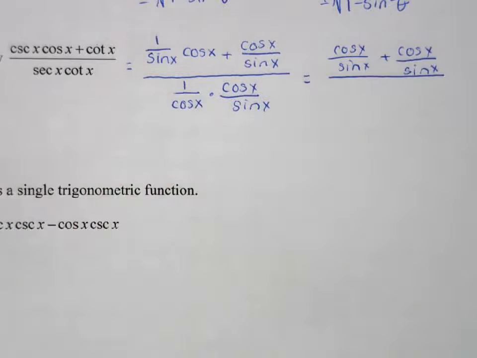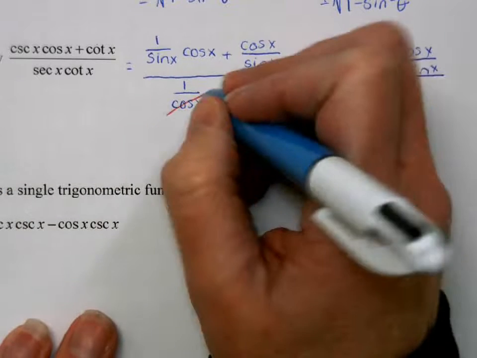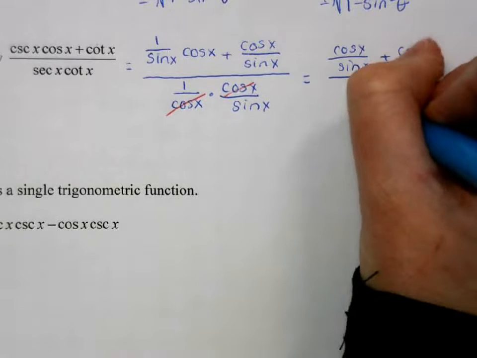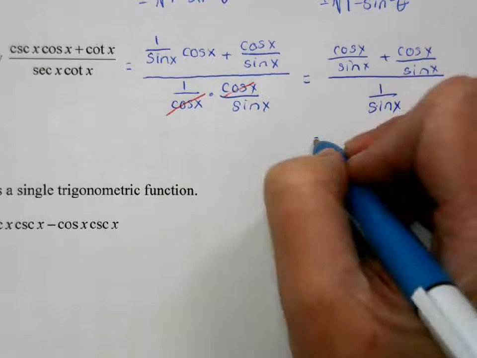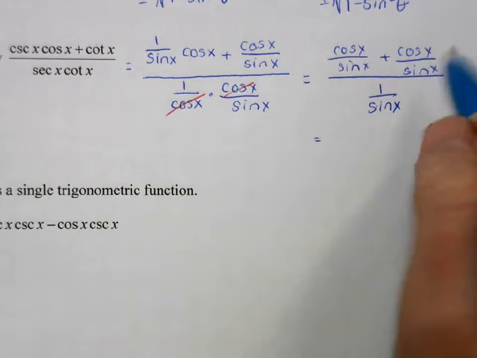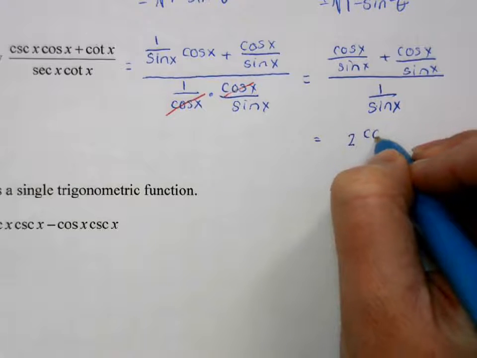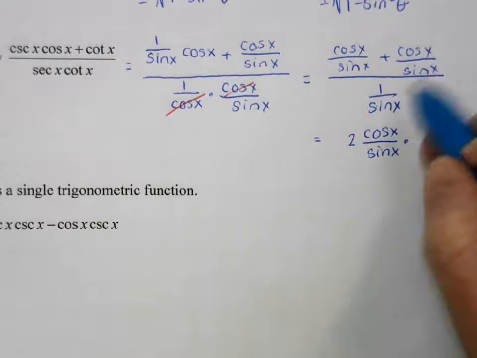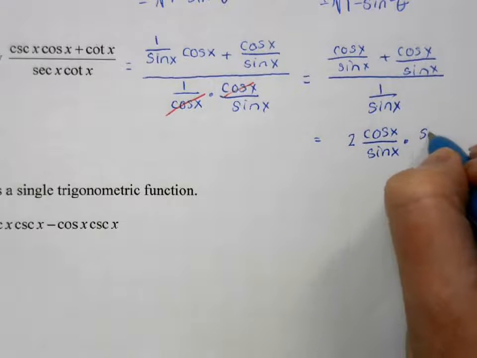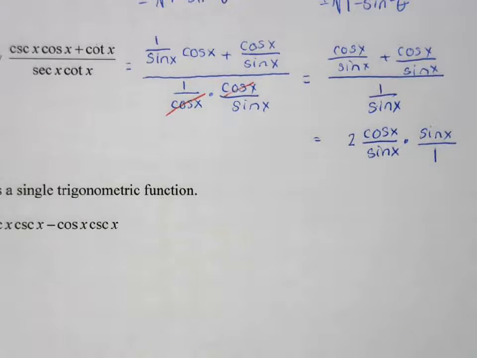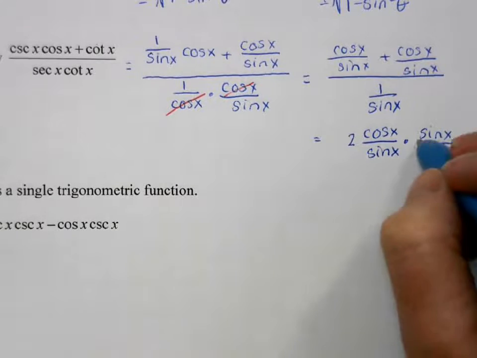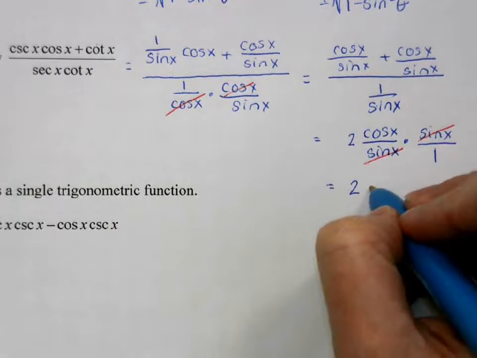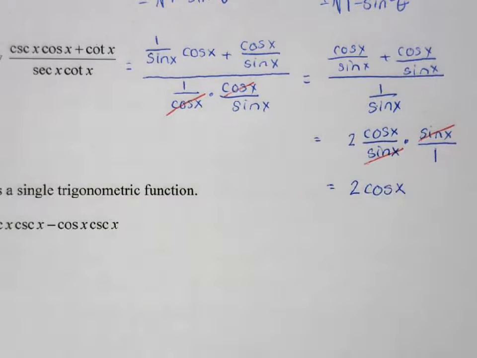In the denominator, the cosine here and here cancel. So I have 1 over sine. Okay, if I combine these, cosine over sine plus cosine over sine is going to be 2 cosine over sine. And then I'm going to multiply that by the reciprocal here. So the sines cancel. And we get 2 cosine x.